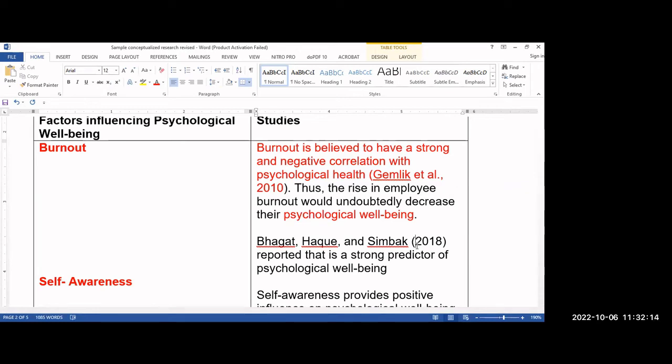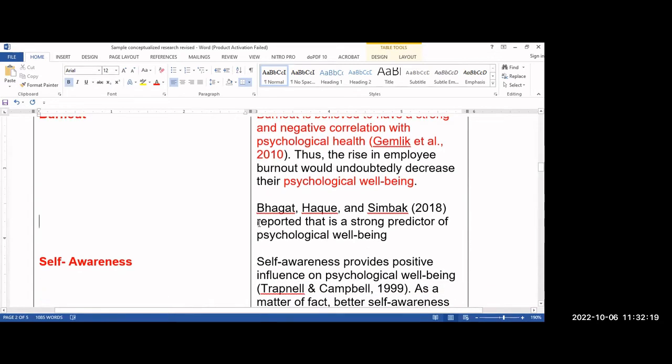Another study revealed that burnout, okay, reported that burnout is a strong predictor of psychological well-being. So, these are evidences.